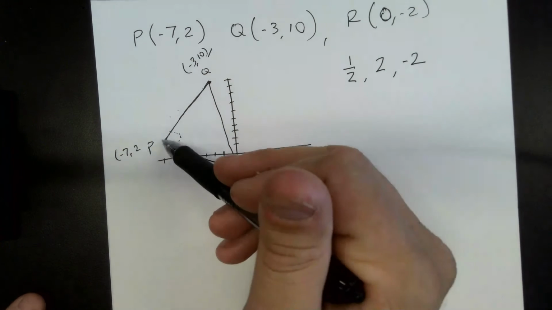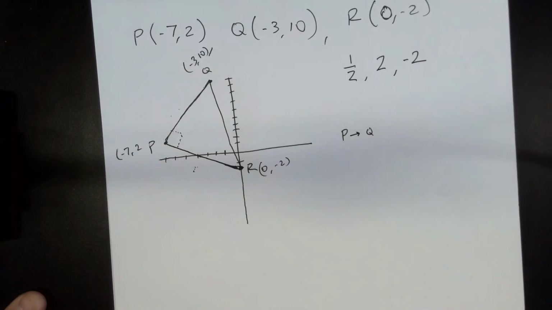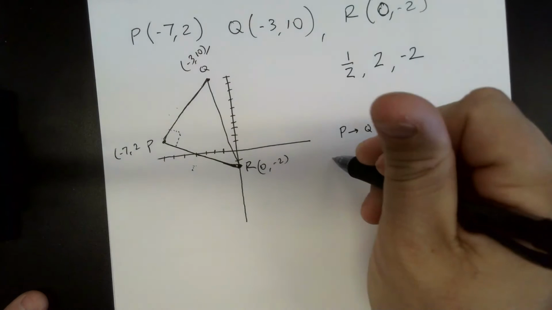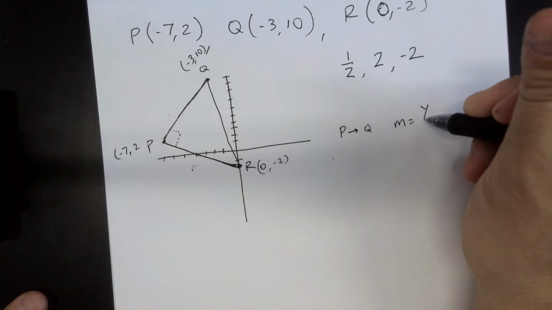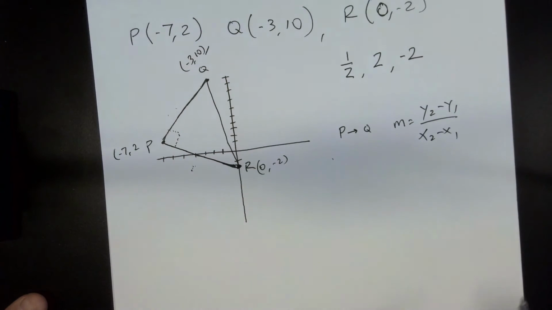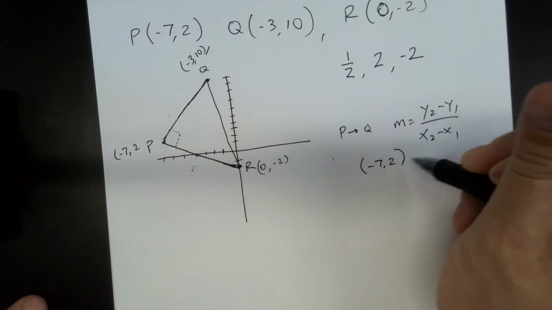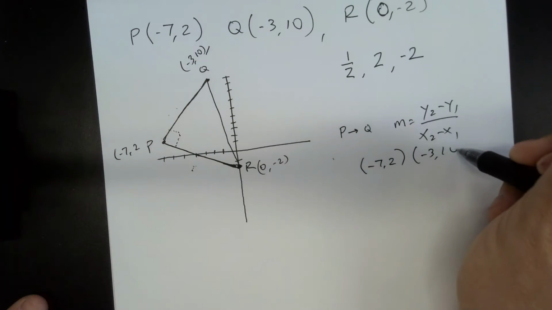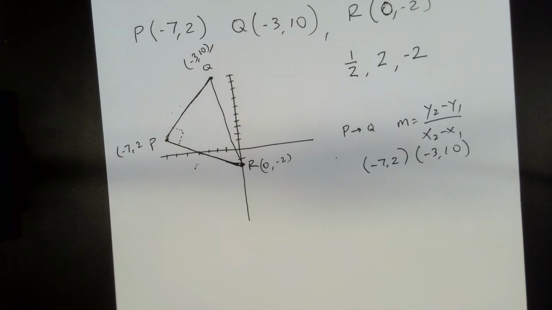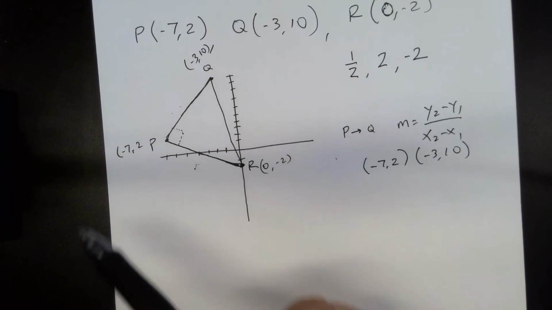So we're going to find the slope. This is the slope between P and Q. The slope formula, if you remember, is y2 minus y1 over x2 minus x1. P is (-7, 2) and Q is (-3, 10). So we need to find the slope of that line right there.